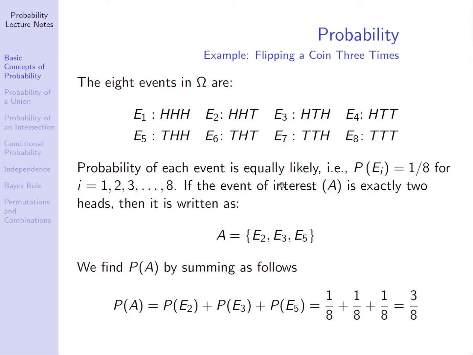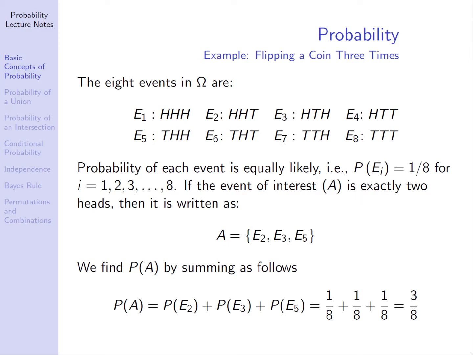If you're interested in an event where you get exactly 2 heads, you will see that you get 2 heads for the events E2, E3, and E5. So to find the probability of getting exactly 2 heads, you can simply sum up those probabilities, and you will see that the probability of getting exactly 2 heads from a 3-time coin flip is equal to 3/8.